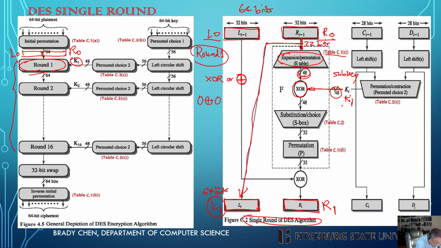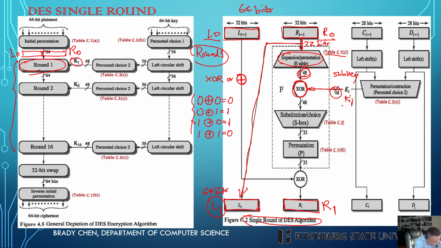So 0 exclusive OR 0 is 0. 0 exclusive OR 1 is 1. 1 exclusive OR 0 is 1. And 1 exclusive OR 1 is 0. So it looks like exclusive OR is almost like addition, but it's not, because 1 plus 1 is 2, but 1 exclusive OR 1 is 0. That's the operation we're going to use.